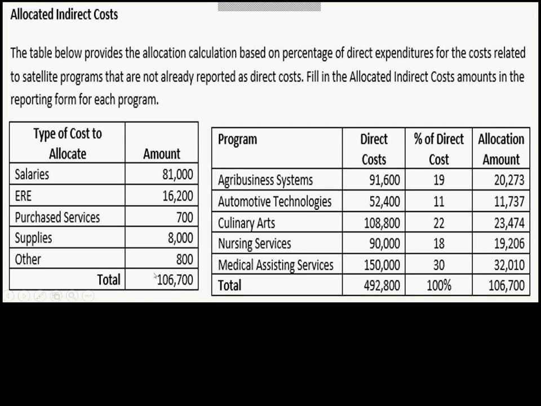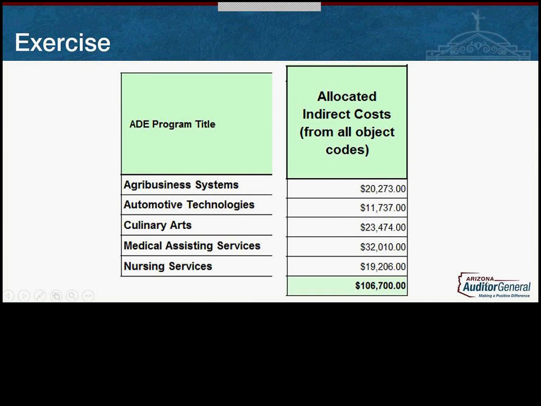So we don't need to focus on whether the cost is a salary or a benefit or a supply or a property at this point. We just need to allocate this total $106,700. Based on these percentages, these are the allocations that we made, and we totaled that up to see that that amount agrees to the total amount to be allocated. Once you've identified those amounts, you fill them in the allocated indirect costs from all object codes column.